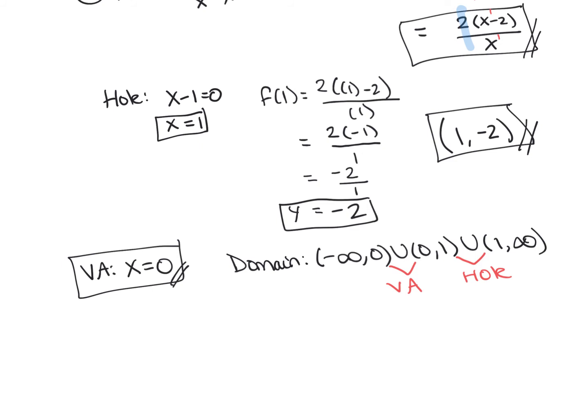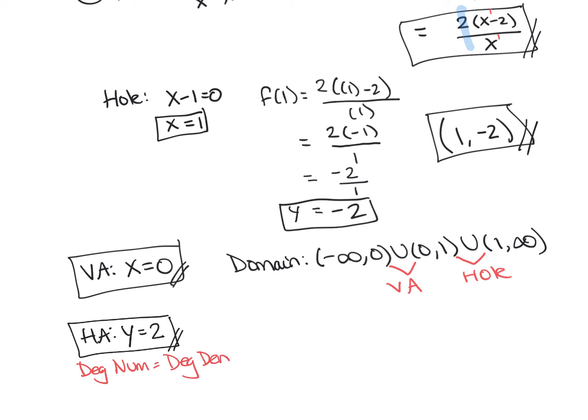So we can say that the horizontal asymptote is y = 2, and we were able to find that because the degree of the numerator was equal to the degree of the denominator. And if we wanted to write out our range, again, we're going to have 2 breaks, or 2 discontinuities.